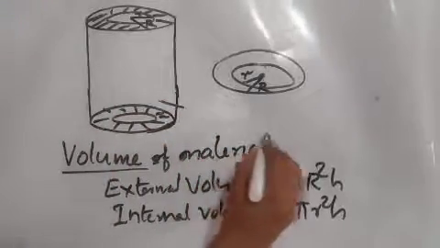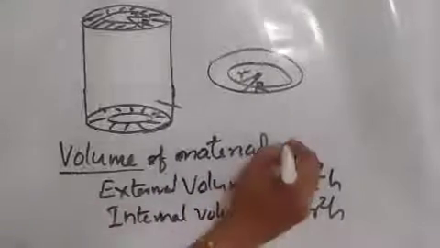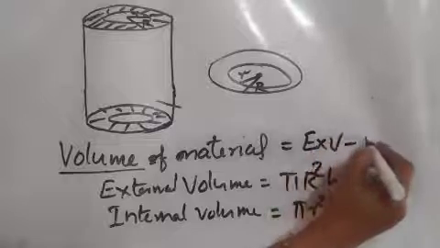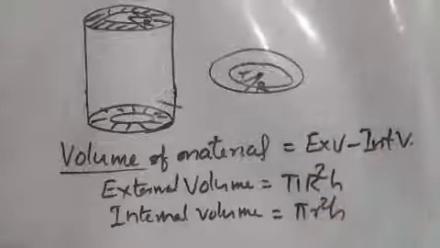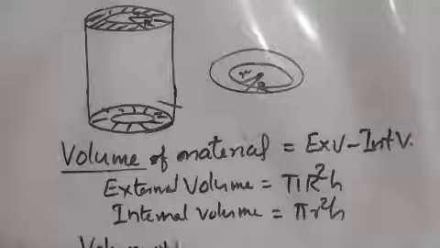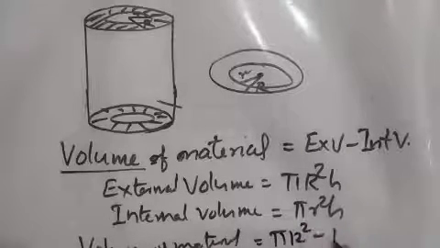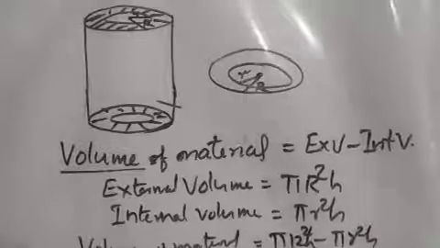Volume of material we used to make this hollow cylinder is the difference between external volume and internal volume. That is, volume of material equals pi R square h minus pi r square h.